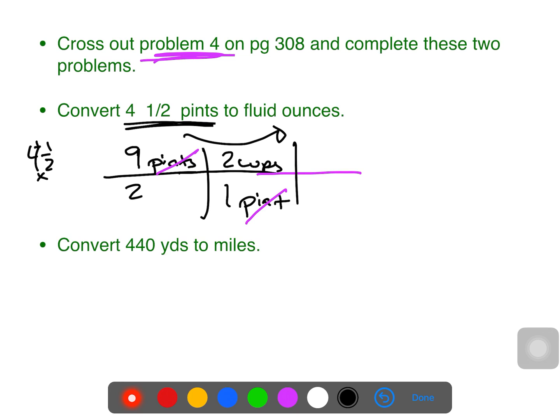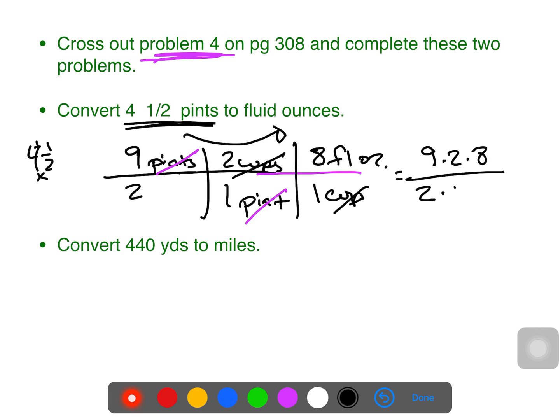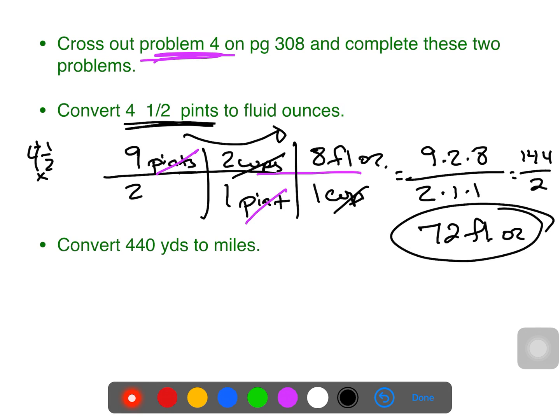I need to keep going though. I know that 1 cup is equal to 8 fluid ounces. Those cancel, and I'm going to do 9 times 2 times 8 over 2 times 1 times 1. This becomes 144 over 2, which simplifies to 72 fluid ounces.